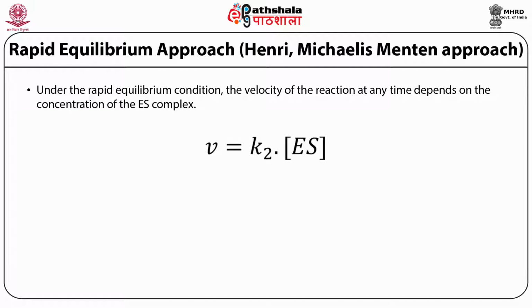The first is the concentration of the ES complex. The second is the rate at which this ES complex is converted into product, where K plus 2 is the catalytic rate constant for converting ES into product. So the velocity equation is V0 equals K plus 2 times ES.